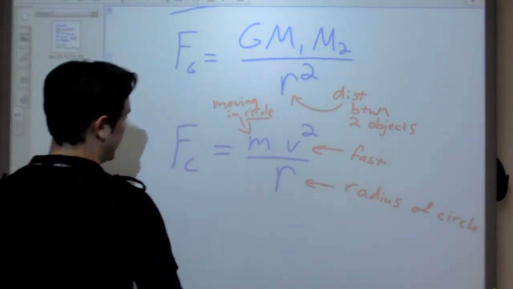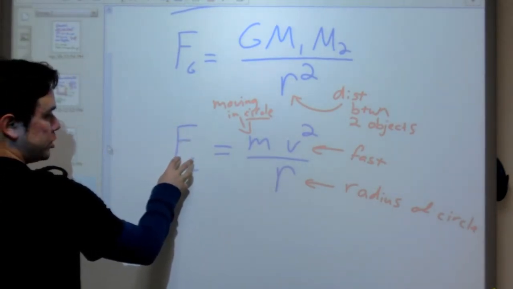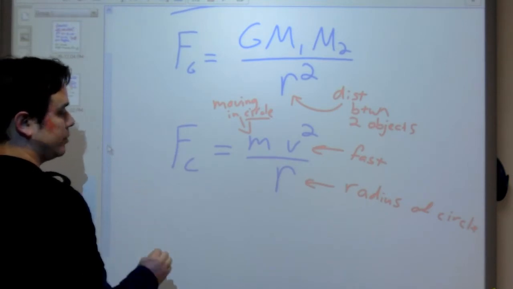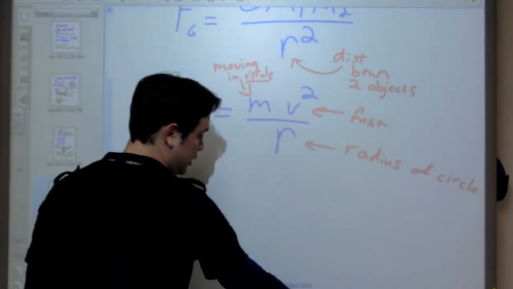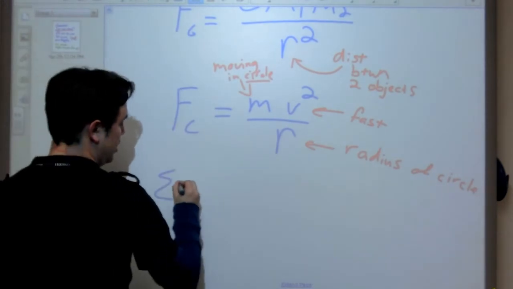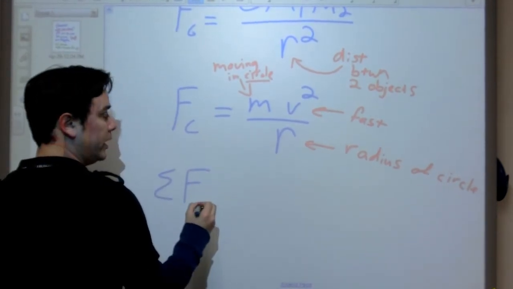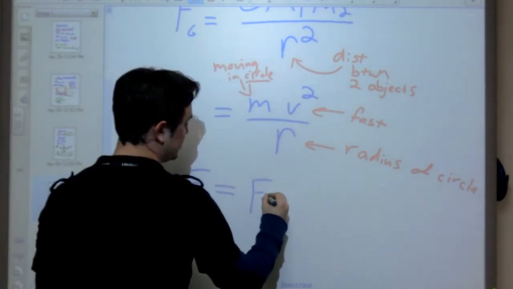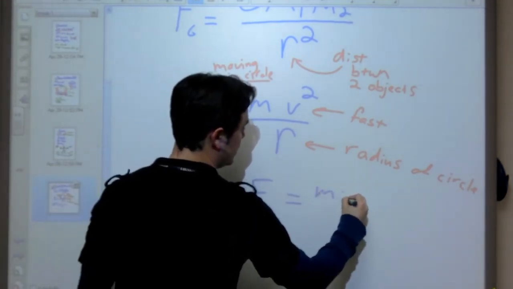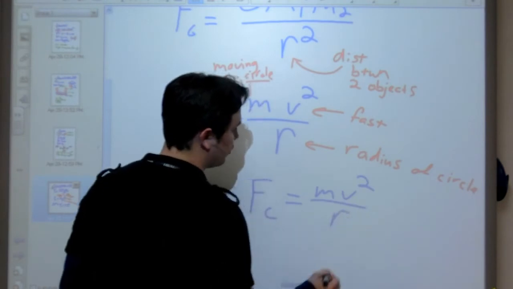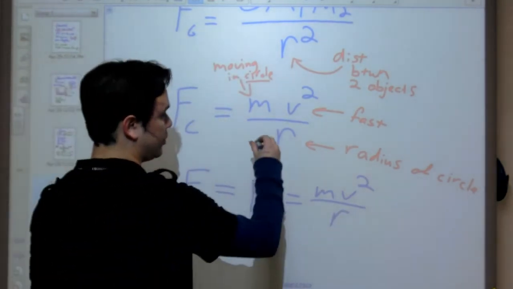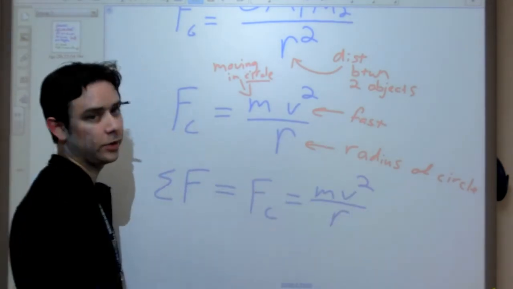Now, the most important caveat to this is our centripetal force. Anything moving in a circle must have a centripetal force. And more importantly, in a more functional way, for anything moving in a circle, my sum of forces has to be equal to my centripetal force. When I add up all the different forces acting on it, all of them, they all have to add up such that they are pulling in just the right way to make the thing move in a circle.